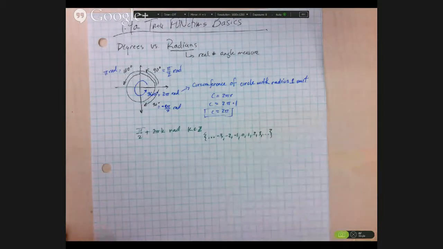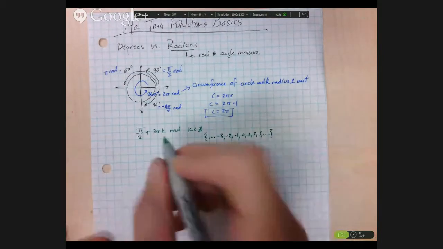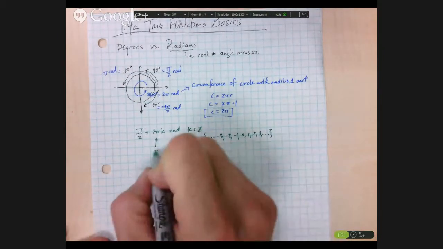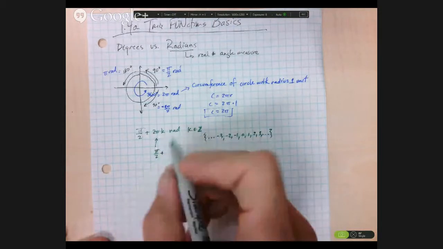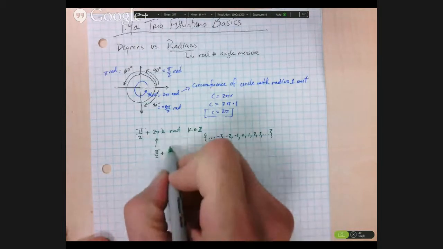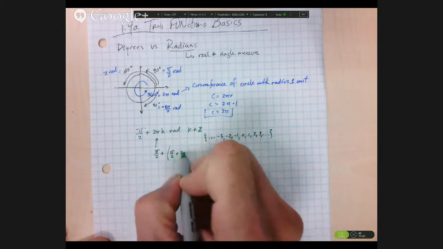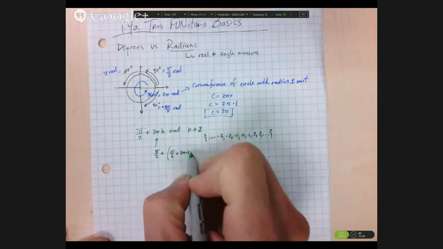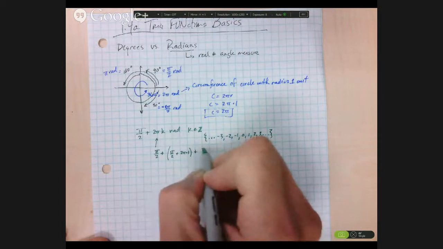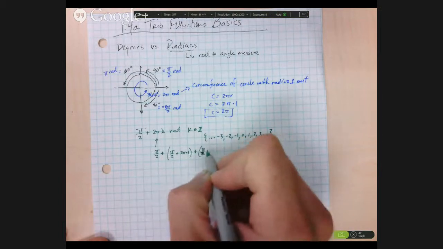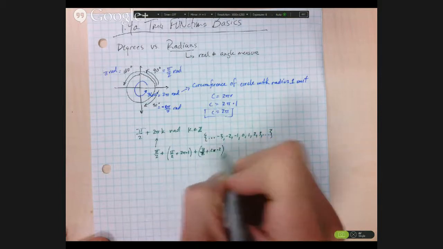So we have pi over 2, then pi over 2 plus 2 pi times 1, then pi over 2 plus 2 pi times 2, and on.